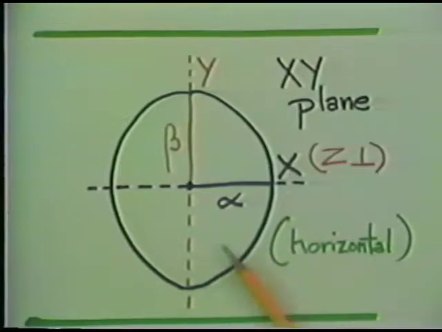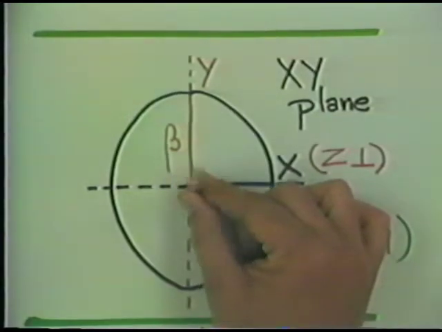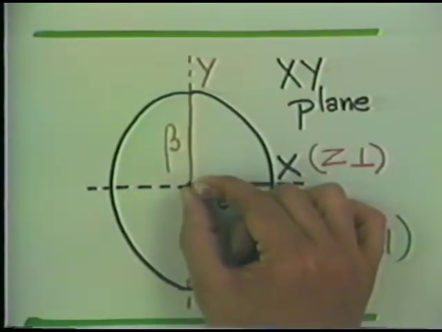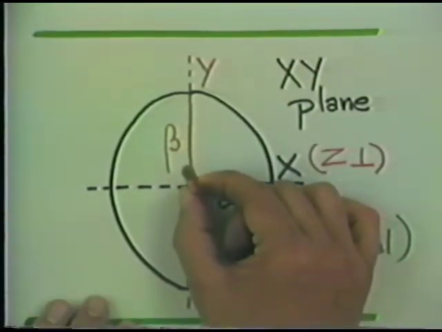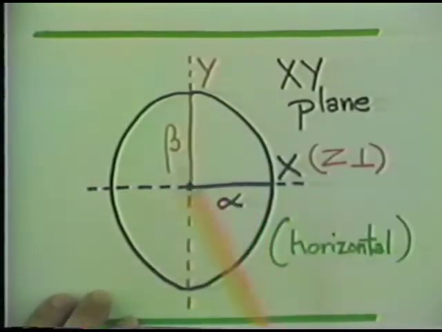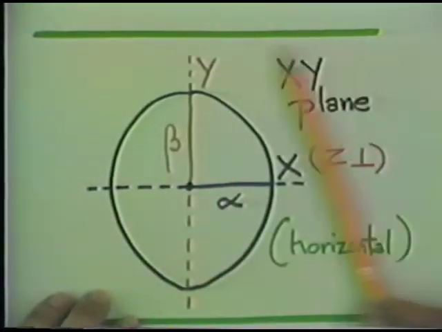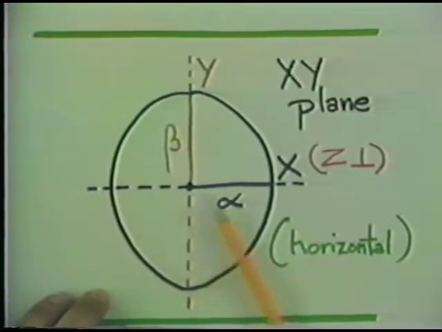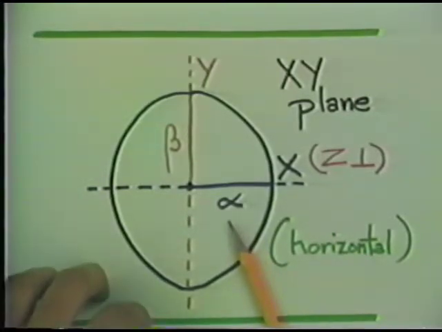Now, the important thing about this particular plane is that the Z vibration direction is perpendicular to it. And the Z vibration direction is oriented just like this in this particular orientation. So if you look at a mineral grain that has this orientation, then it's possible to see the Y vibration direction, which has the beta refractive index, and the X vibration direction, which has the alpha refractive index.